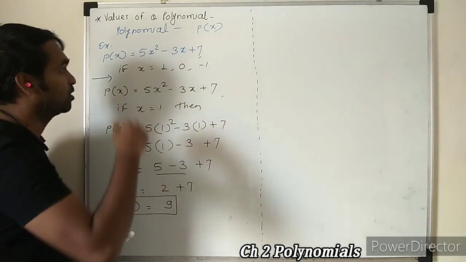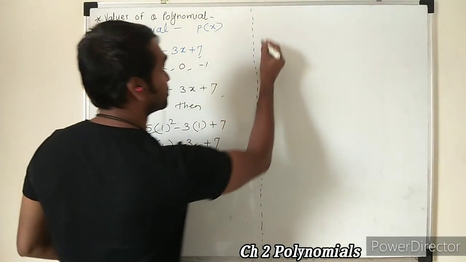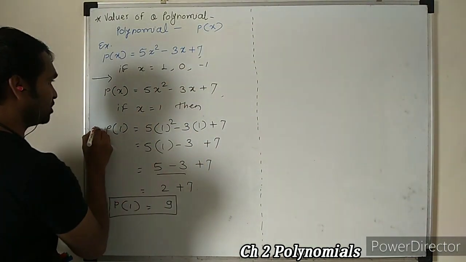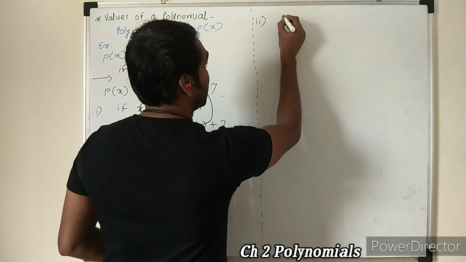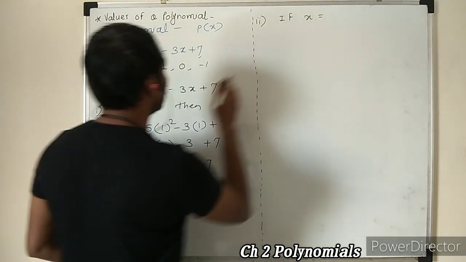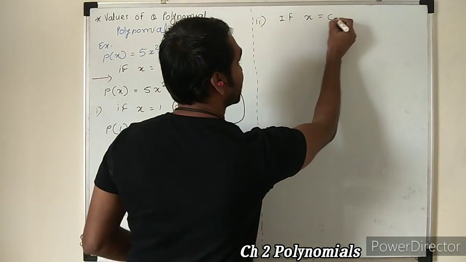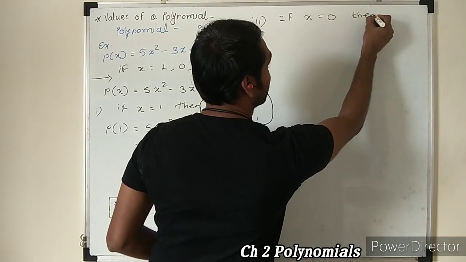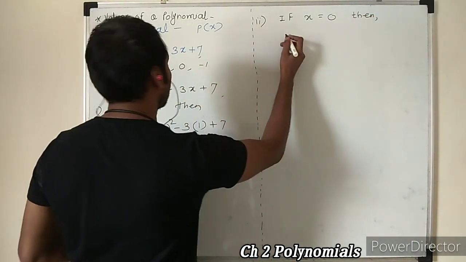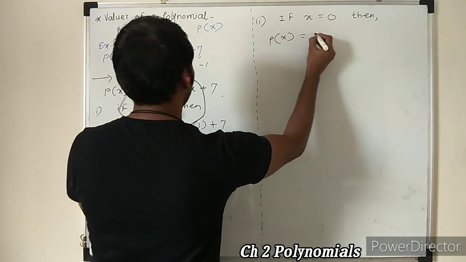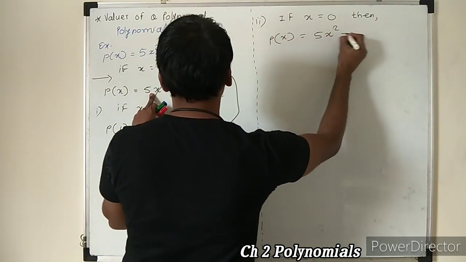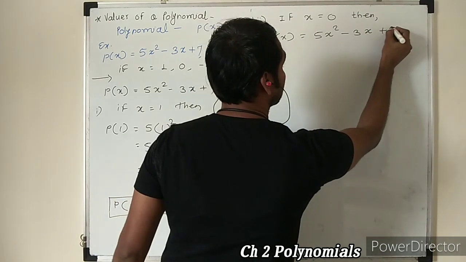Now the second value. If x is equal to 0, first you have to write the equation: P of x is equal to 5x square minus 3x plus 7.